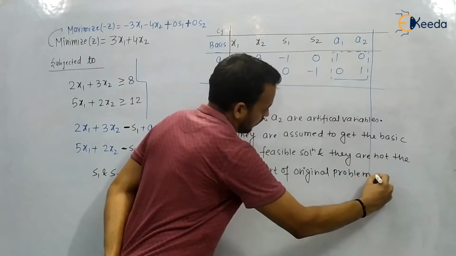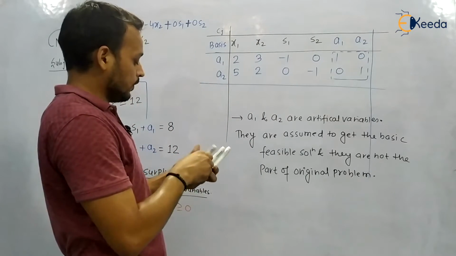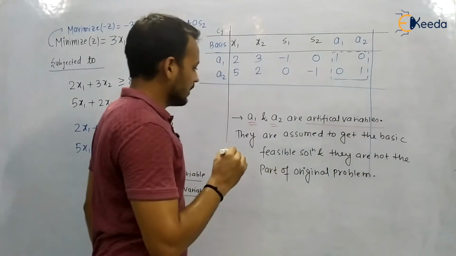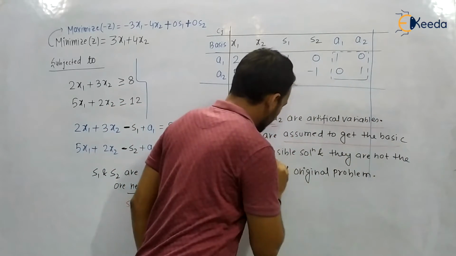So you have to keep in mind that a1 and a2 are your artificial variables, and they are only assumed to get the basic feasible solution.